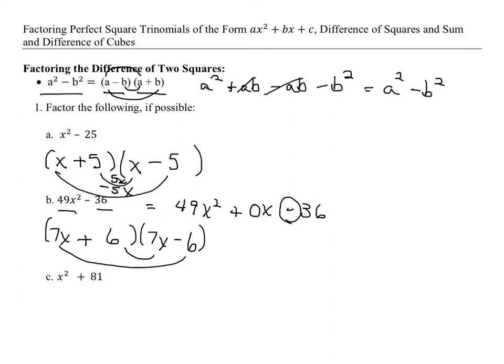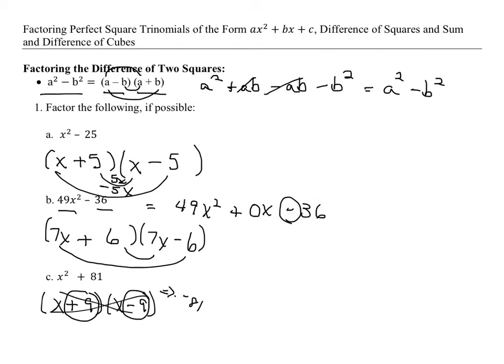Now let's look at C. Well, this is the sum of two squares. So I say to myself, okay, let me try x plus 9, x minus 9. But that doesn't work because a positive 9 times a negative 9 is a negative 81.